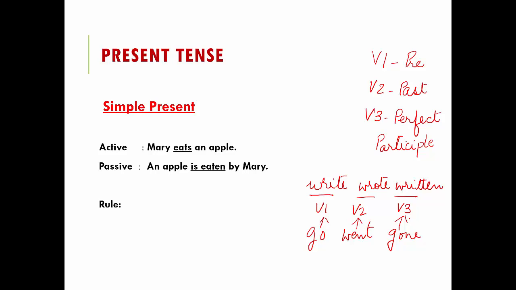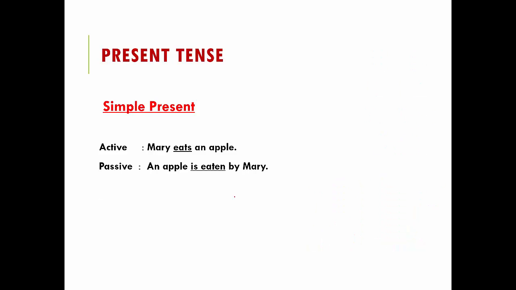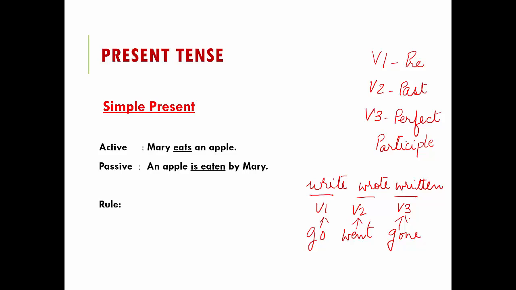Now when you change a sentence which is in simple present to passive voice, the rule that is followed is add the helping verb is, are, or am plus V3. When we are talking about eat, the three forms of eat are eat, ate, and eaten. And when I say is, are, or am plus V3, I mean this form of the verb.